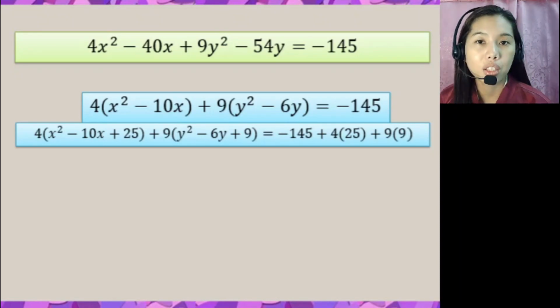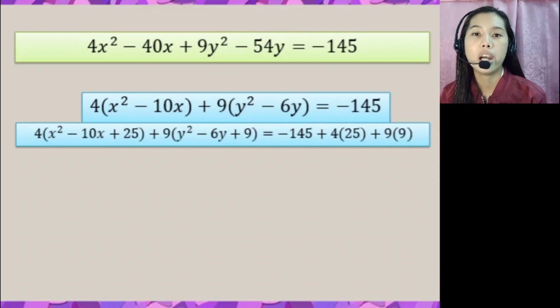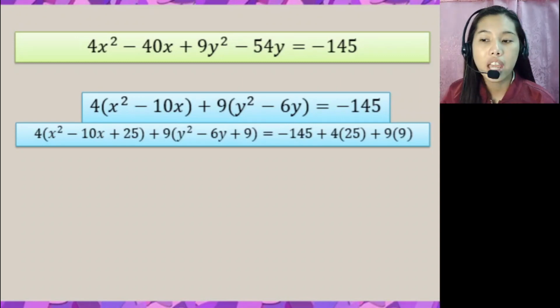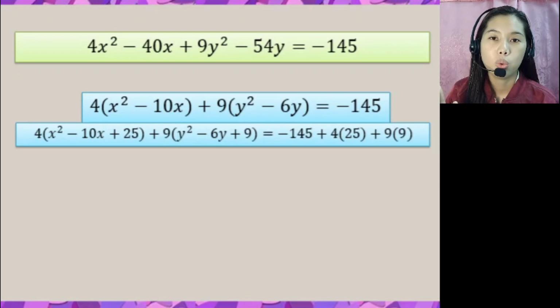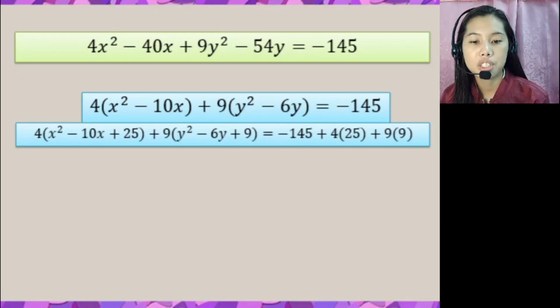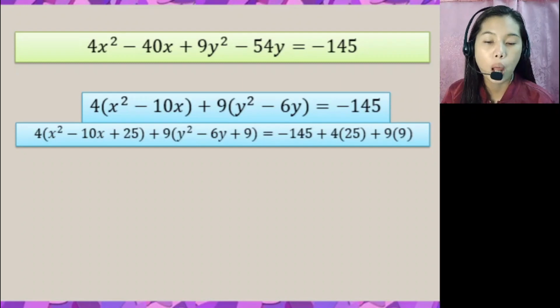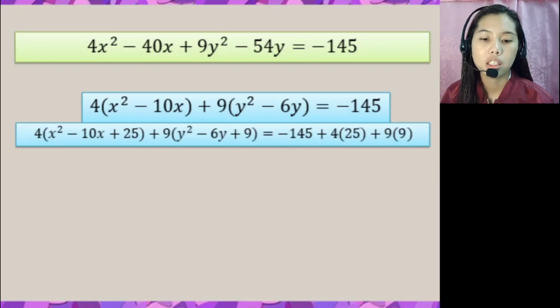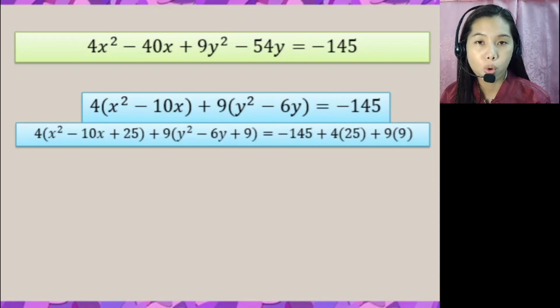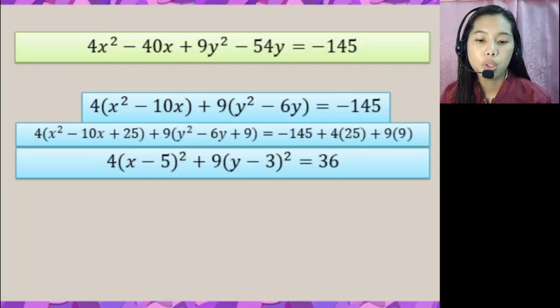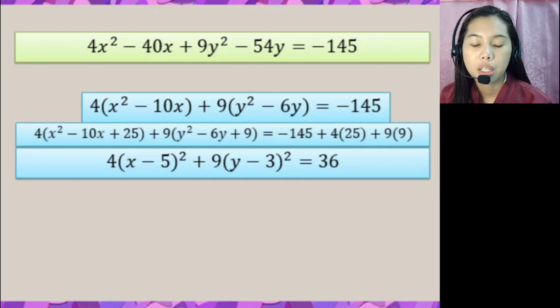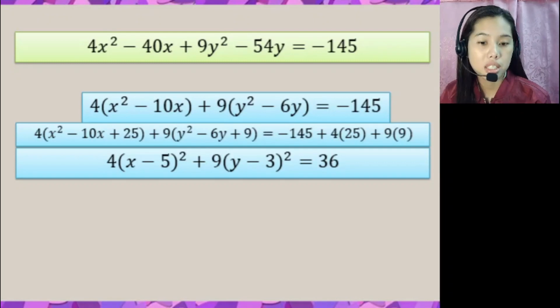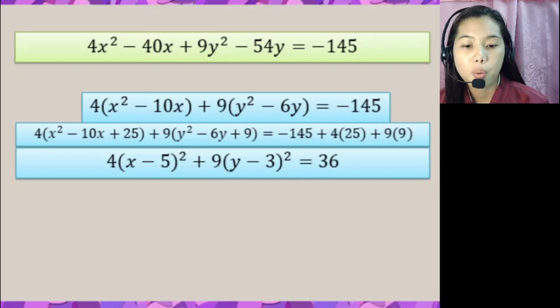Now, since we factored the x by 4 and we factored the y by 9, when we add 25 and 9 on the other side, it should be multiples of 4 and multiples of 9 respectively, which means on your right side it will become negative 145 plus 4 times 25 plus 9 times 9. Now you will have 4 times quantity x minus 5 squared plus 9 times quantity y minus 3 squared equals 36.